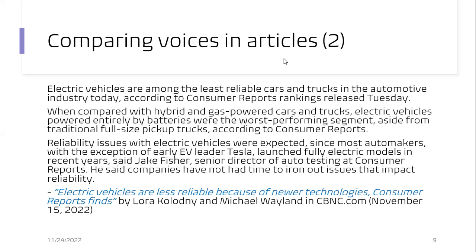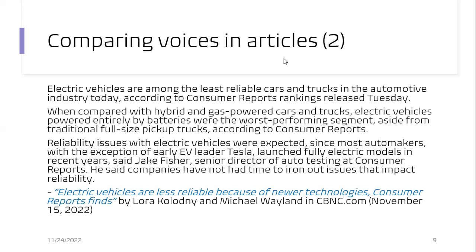Now again, both articles touch a similar topic, that electric cars, as they are now, are not reliable. But this one assumes a more, I would say, objective stance, since they are just reporting on what the Consumer Reports personnel said or rankings showed.